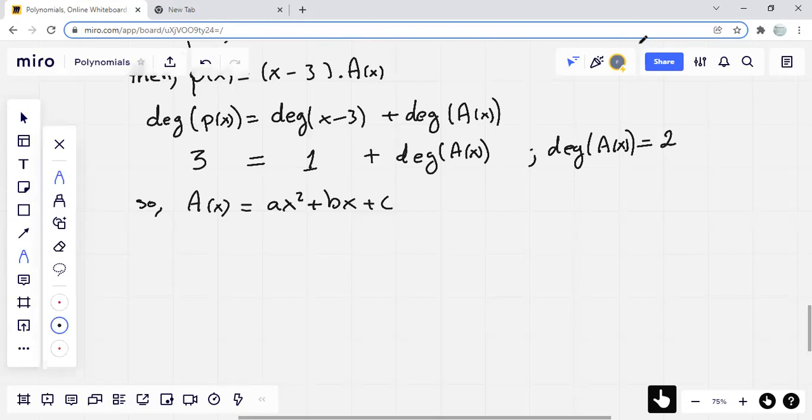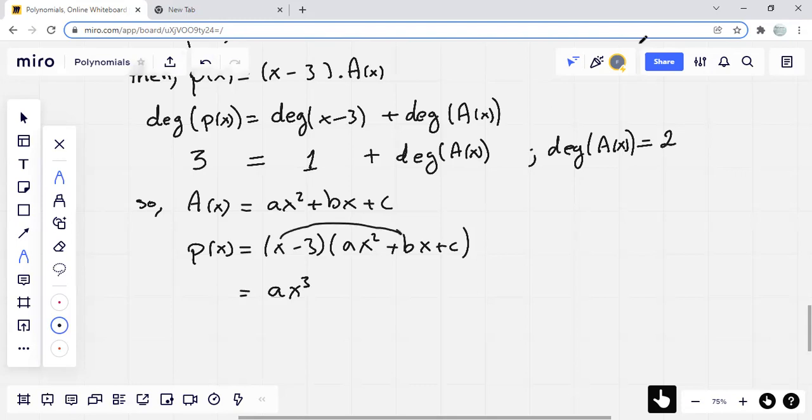We know also that p of x is equal to x minus 3 multiplied by a of x. So we can write here ax squared plus bx plus c. Now expanding this, x times ax squared will give us ax cubed, and x times bx will give us plus bx squared, and x times c will give us plus cx.